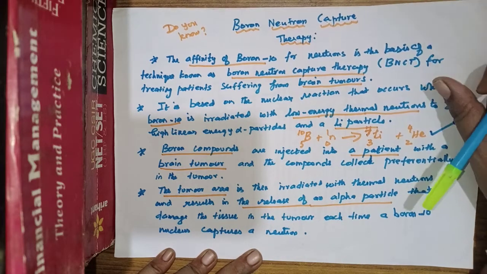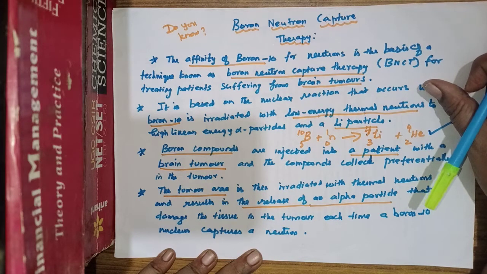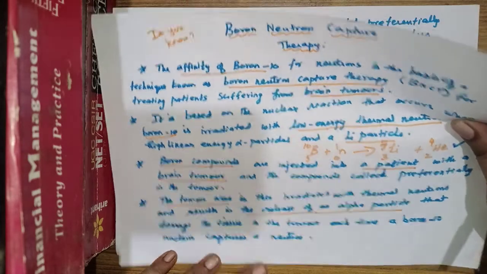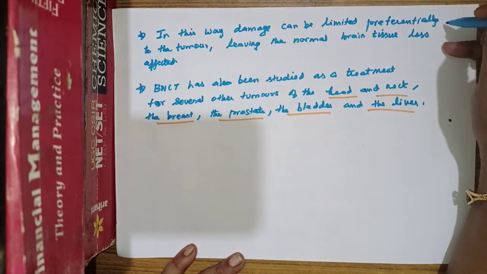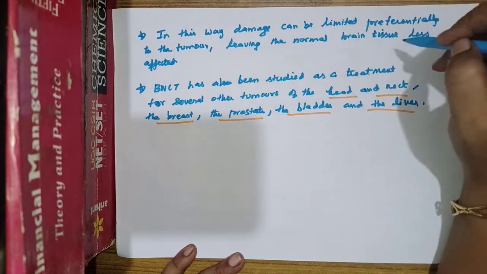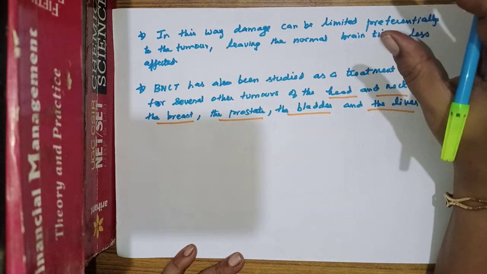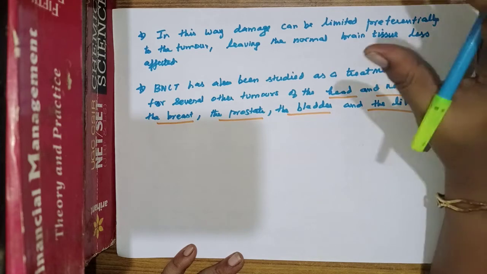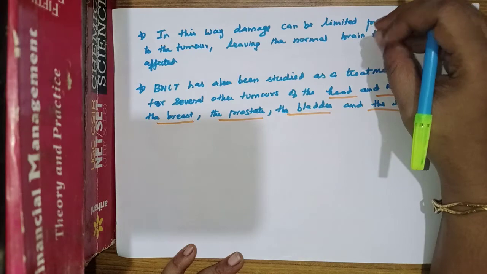So the boron-10 nucleus captures the neutron. In this way, damage can be limited preferentially to the tumor, leaving the normal brain tissue less affected. They do not affect the normal tissue. Only the damaged tissue is targeted while applying this therapy.